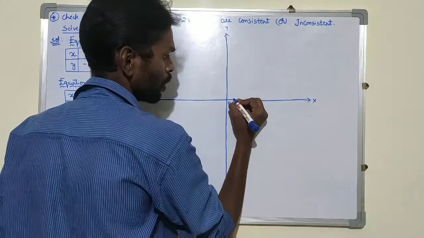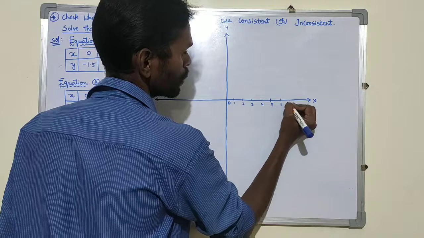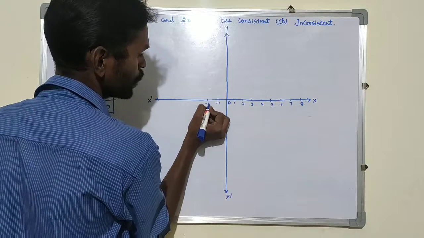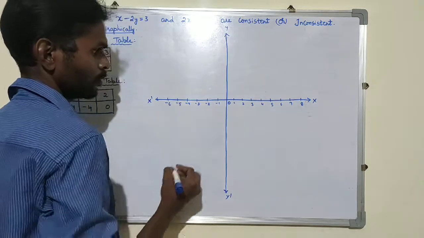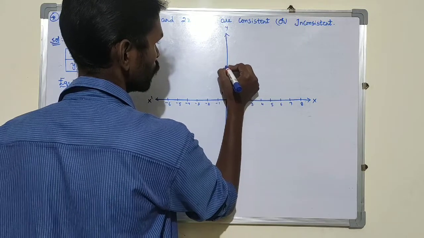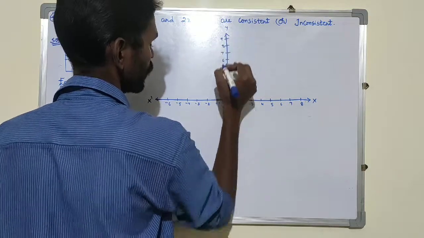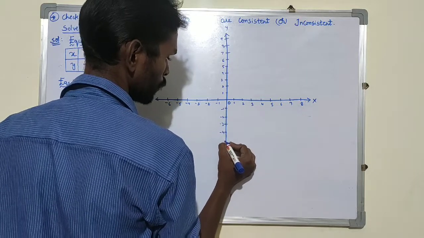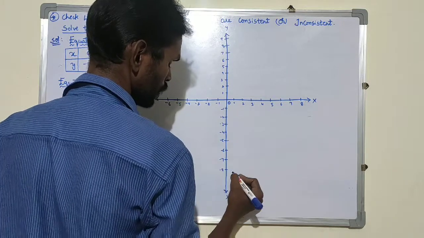Put points 1, 2, 3, 4, 5, 6, 7, 8, minus 1, minus 2, minus 3, minus 4, minus 5, minus 6. Then 1, 2, 3, 4, 5, 6, 7, 8, 9, minus 1, minus 2, minus 3, minus 4, minus 5, minus 6, minus 7, minus 8.